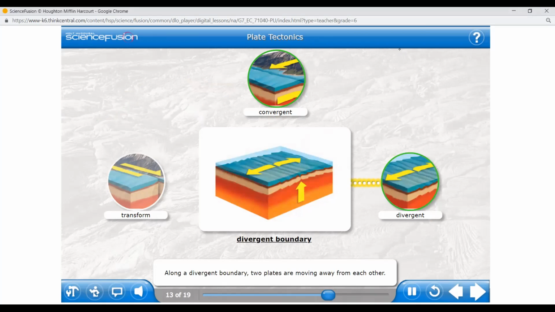Along a divergent boundary, two plates are moving away from each other. So what is the main difference between convergent and divergent? In convergent, the plates are coming and banging into each other. When I'm talking about divergent, the plates are moving far away from each other. This is the major difference between convergent and divergent.